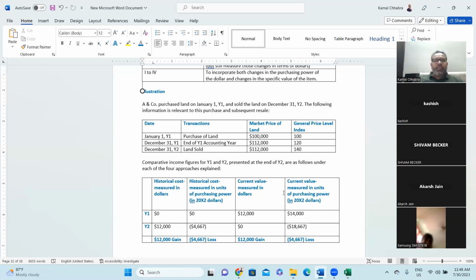And on December year 2, when land is sold, the market price was still 112,000, but the general price index was 140. Comparative income figures of year 1 and year 2 presented at the end of year 2 is as follows under each of the four approaches.